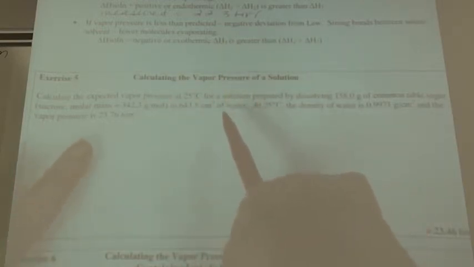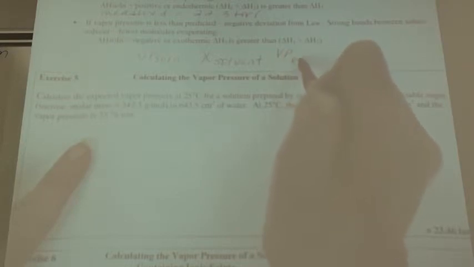Raoult's law will tell us that the vapor pressure of the solution is equal to the mole fraction of the solvent times the vapor pressure of the pure solvent. What is the solvent here? Water. Water is the solvent and the solute is sugar, and the sugar is non-volatile.